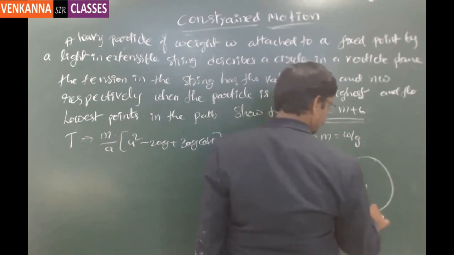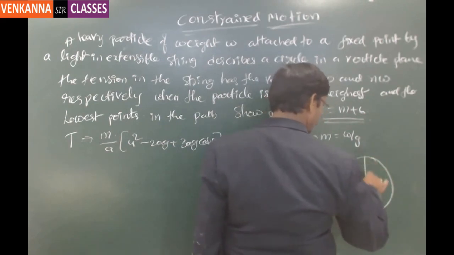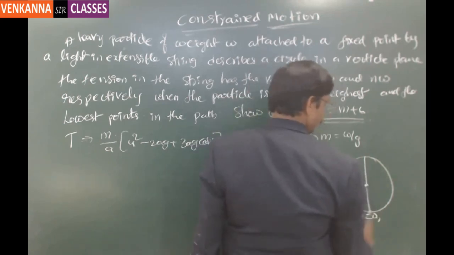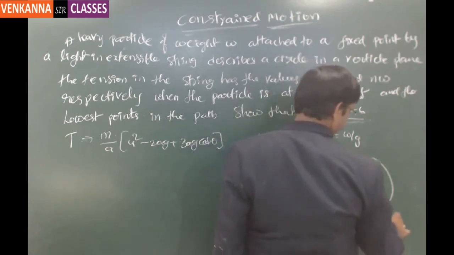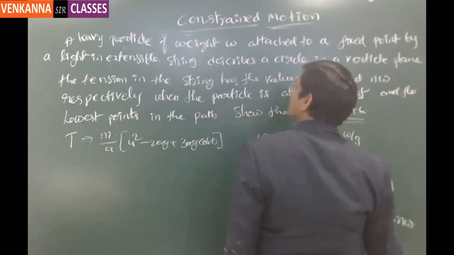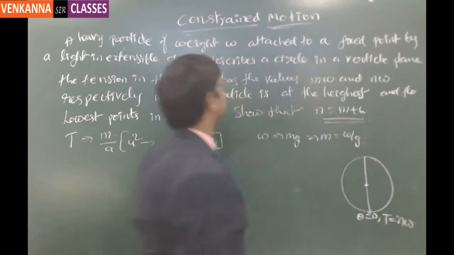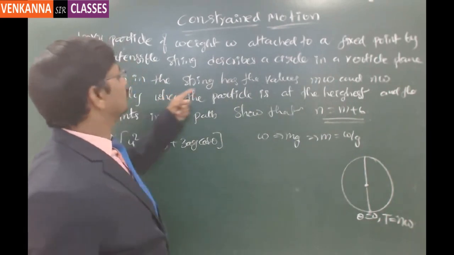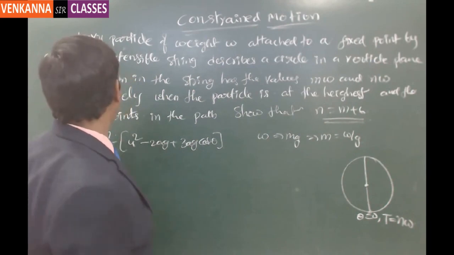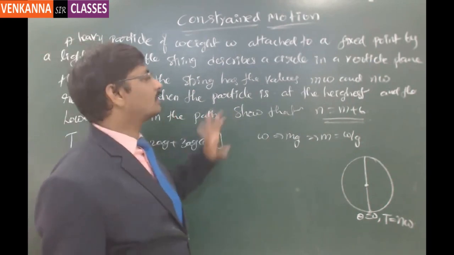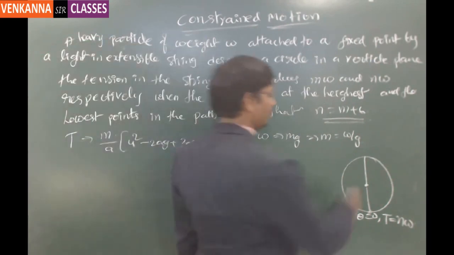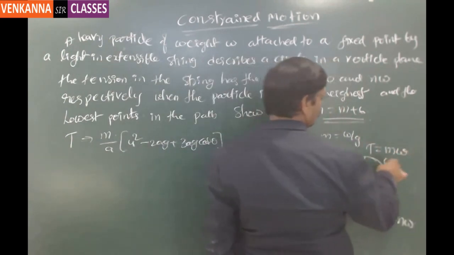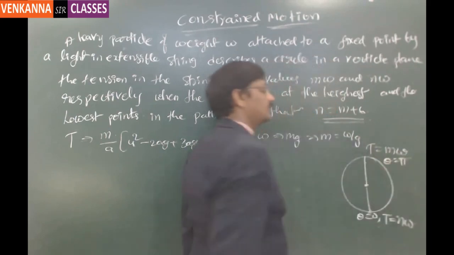Now this is the lowest point and this is the highest point. At the lowest point, theta equals 0 and the tension he has given as nW. At the highest point it is mW, where theta equals pi. So this is the condition he has given.